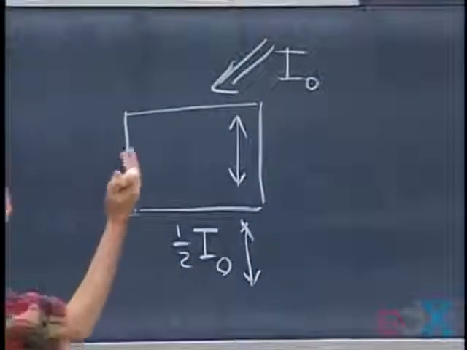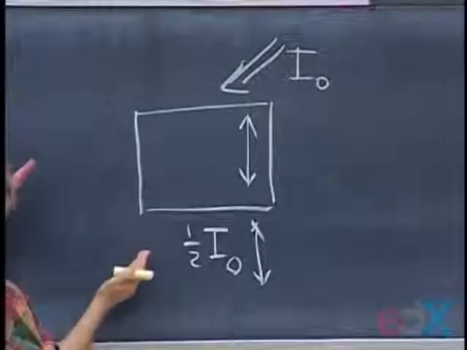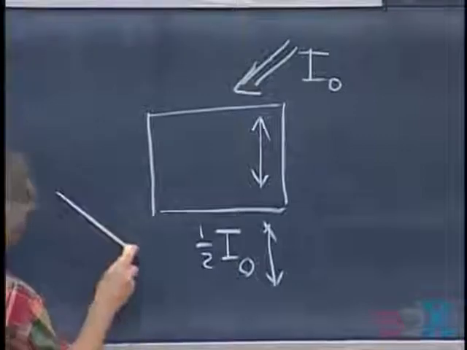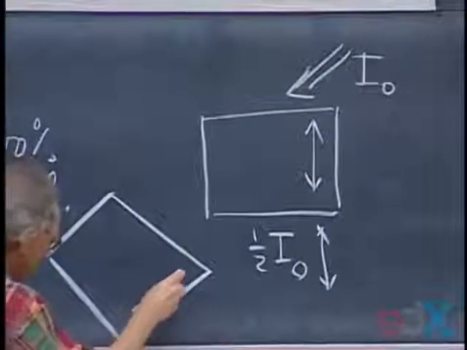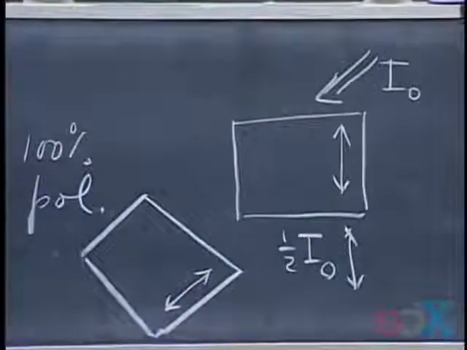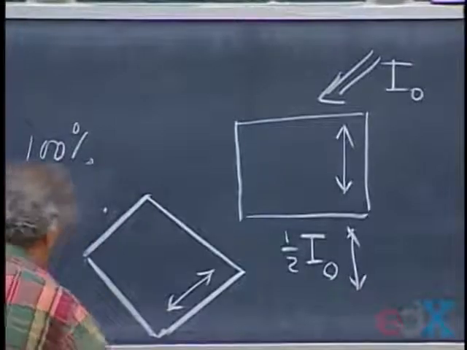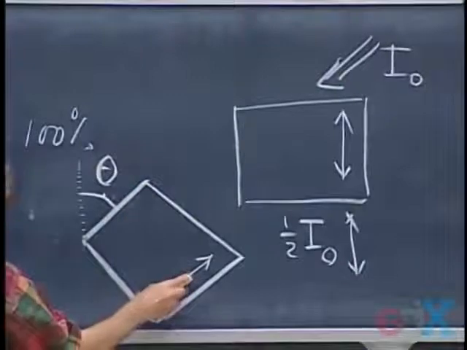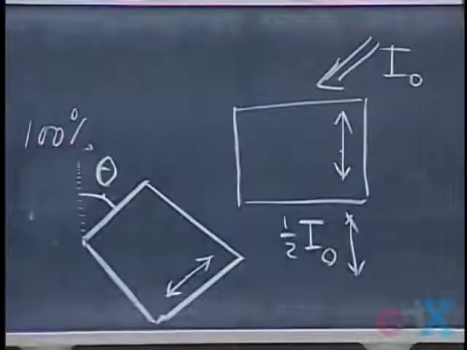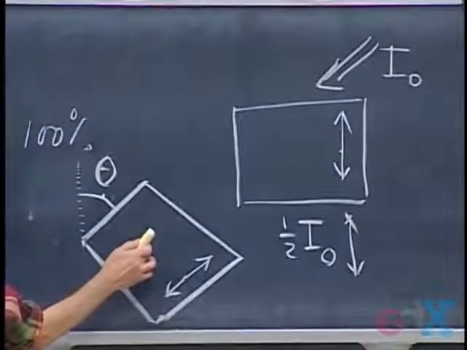I take a second sheet, an identical one, I put it also in the plane of the blackboard, but I rotate it over an angle theta. So here is now a second sheet, which has a preferred direction of polarization in this direction, and the angle is rotated over an angle theta. So between this one and this one is an angle theta. And so you can now immediately tell what the intensity of the light is that comes through this second polarizer.